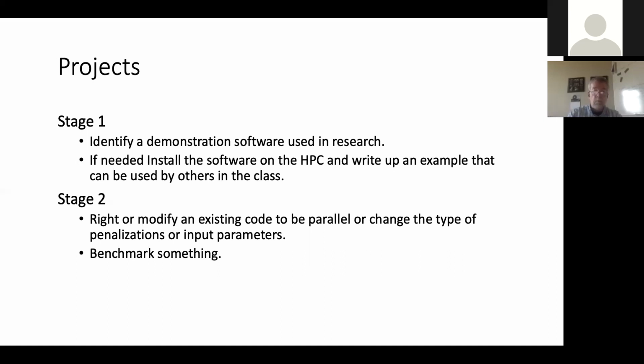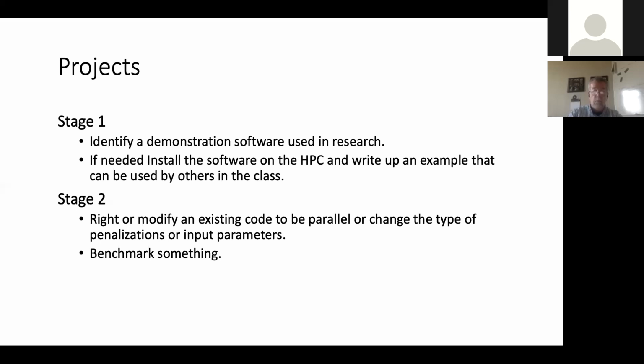But they usually have their area of interest. They might be physics students, they might be engineering students or whatever. And then as their first project, they had to download and install the software on the HPC at our local university. We taught them a lot on how to do software install. And then they had to make an example and get it to run on the HPC, whatever the example might be for whatever piece of software they're using.